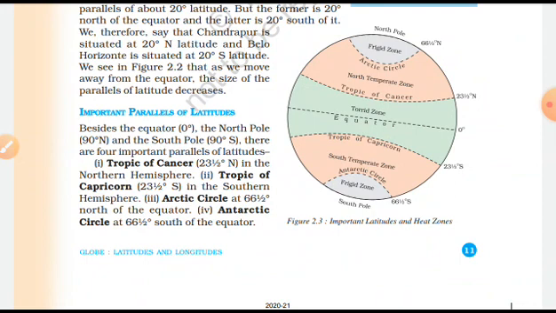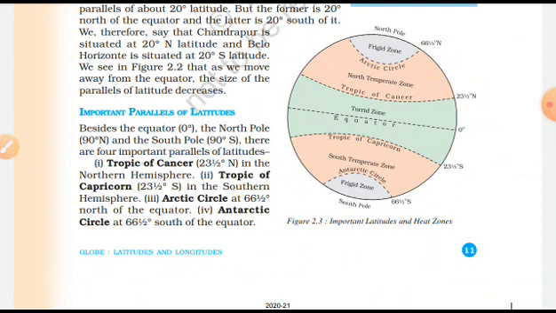Okay, so the Tropic of Cancer is known as 23.5 in the Northern Hemisphere, and the Tropic of Capricorn 23.5 in the Southern Hemisphere. So the Arctic Circle is 66.5, which comes in the North Pole.